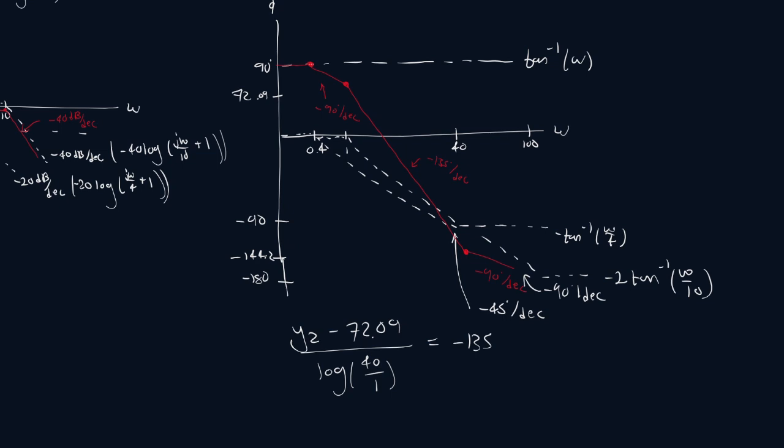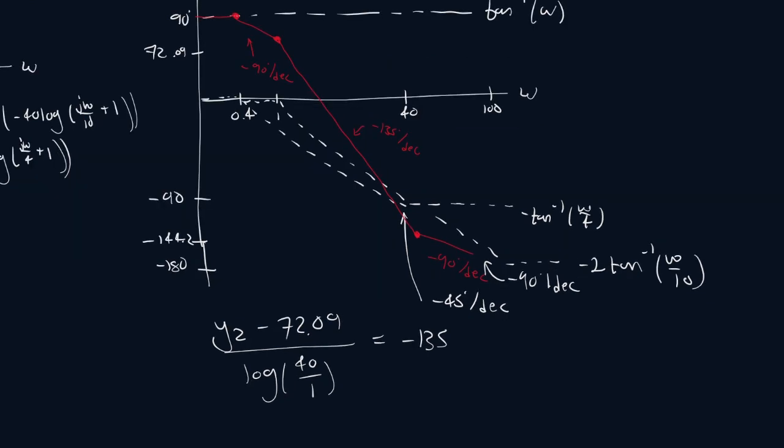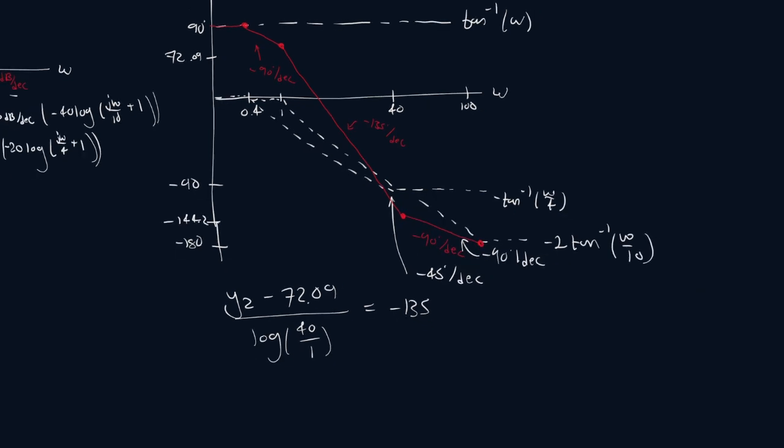Wait, no. Sorry, our next change is at this point when both of them are now at a slope of 0. So from 40 to 100, this point, and then after we still have a slope of minus 90. Then after that we go to 0. So let's find this point.